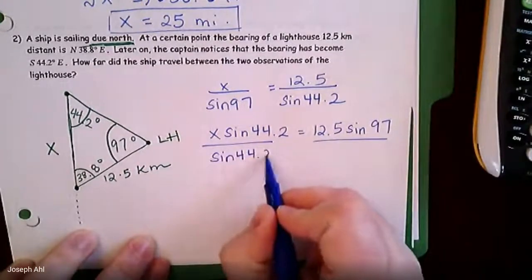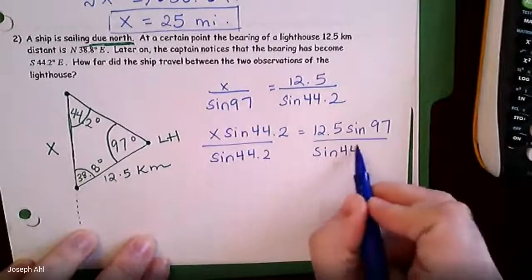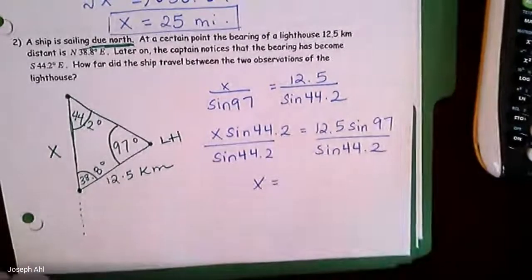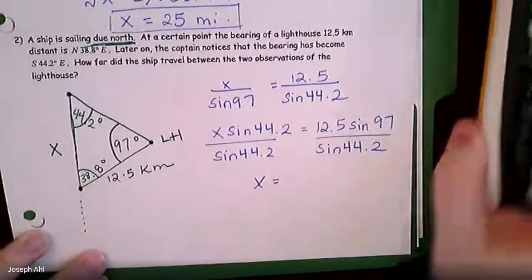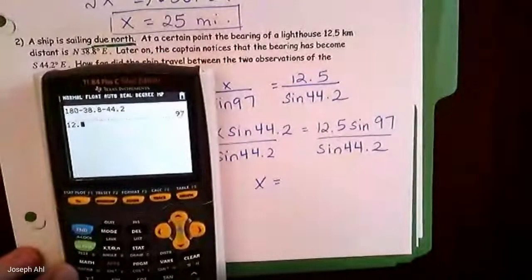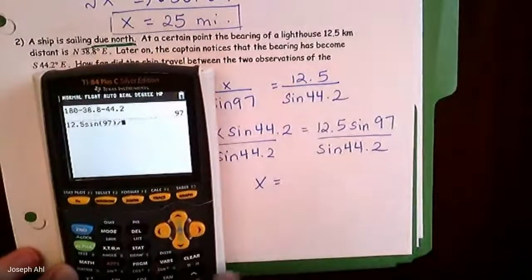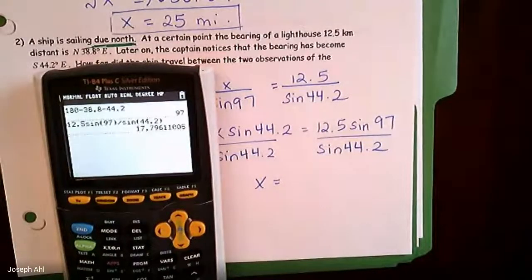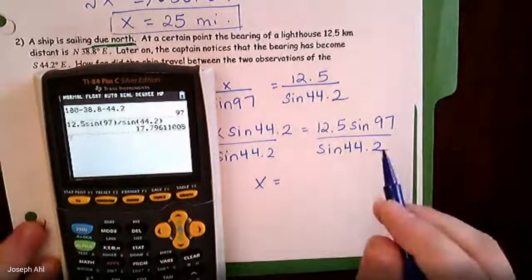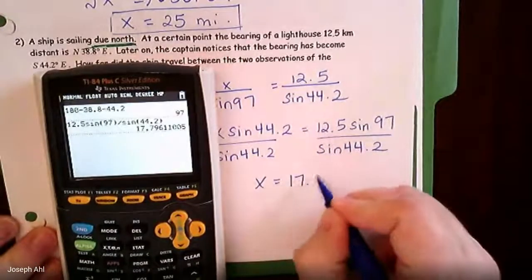And finally divide both sides by sine 44.2 to get that the distance that the ship traveled in between those two observation points is, all right, double check I typed this in correctly. That looks good. 17.8 looks like what it would be rounded. So we'll say it's 17.8 kilometers.